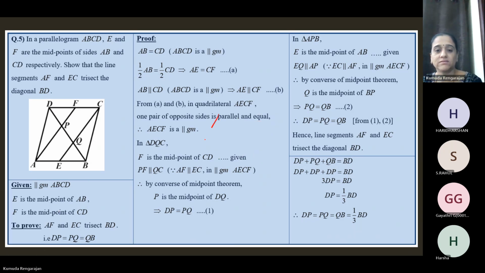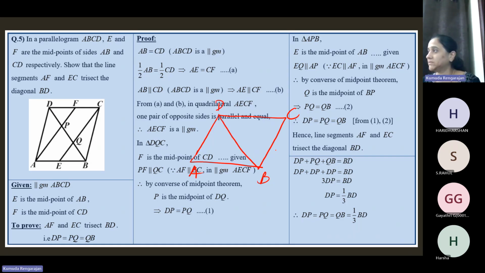There is a parallelogram ABCD with its diagonal DB. There comes a line segment AF. Now this F is the midpoint of DC. So you can see that AF cuts BD. There comes another line segment from E, which is the midpoint of AB.